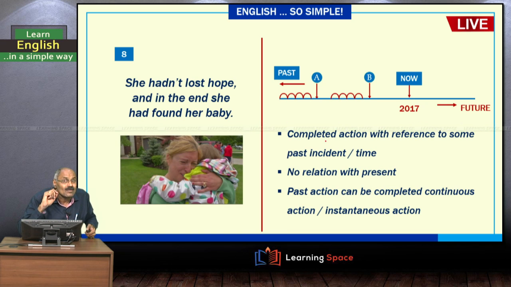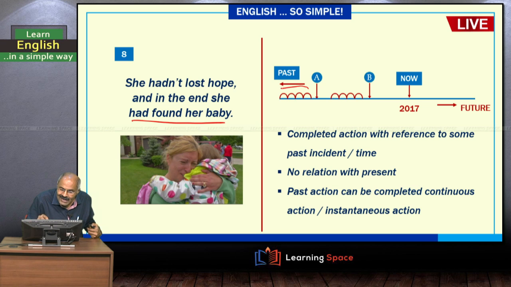Please understand. She had not lost hope, and in the end she had found her baby. This sentence pertains to past actions. That means she had not lost hope. She was searching for the baby and finally she got the baby.